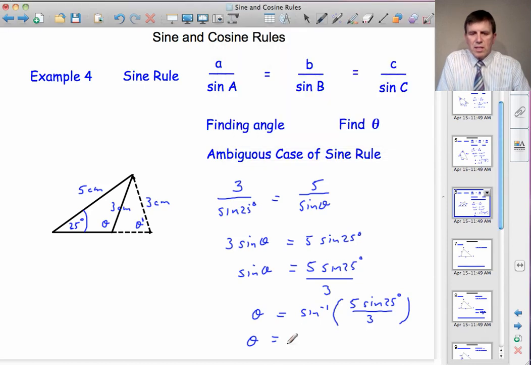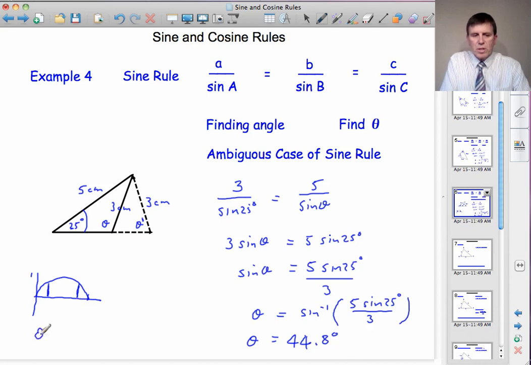So theta is 44.8 degrees. Now then, what is the other answer? Well, the sine graph, if I do a sketch of the sine graph from 0 to 180, it looks like that. Sine 90 is 1 and it comes back down to 0. So the sine of 44.8 degrees is also equal to the sine of 180 minus 44.8 degrees.